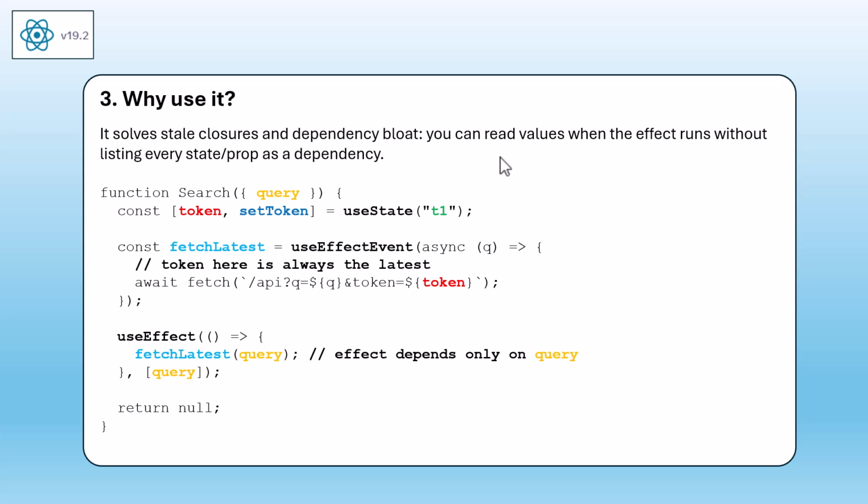Second, control over dependencies. Usually, if you access props or state inside an effect, you must list them as dependencies so that the effect reruns when they change. But sometimes you want to read a value only at the moment when something else happens, without the effect itself rerunning when the value changes. useEffectEvent provides a pattern for that.